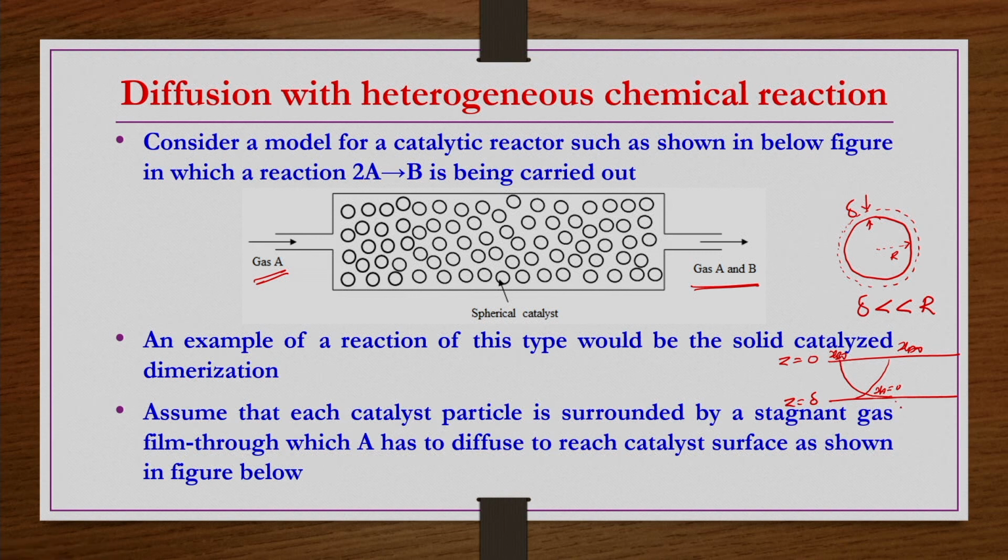So, Xb would be maximum on the catalyst surface and then minimum at the hypothetical film boundary, that is at Z equals 0, right. So, what is this Xa as a function of Z, we have to find out, and then we have to find out NaZ also. Okay.